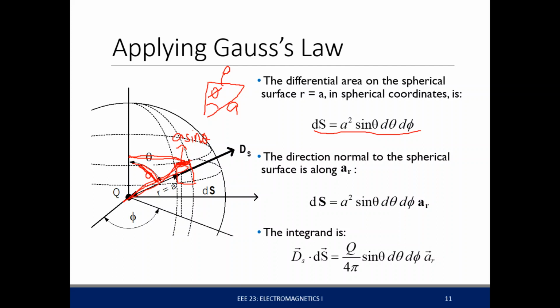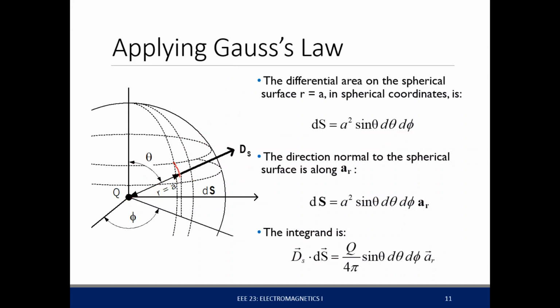So this is the differential arc length times the differential angle here. So where did this come from? Okay, so d phi is the differential angle here, from here to here. So this is a sine theta d phi. This one is also an arc length. So let me delete all that.